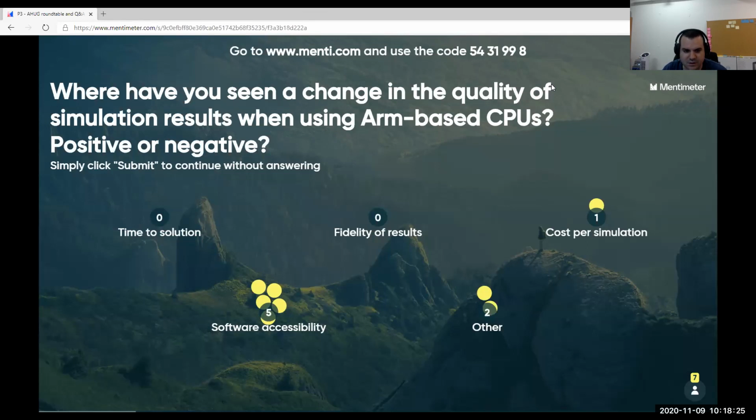But this is not the case with SVE. So it's difficult, and it's a lot of work, to change a big code base like GROMACS. So it's a huge challenge.